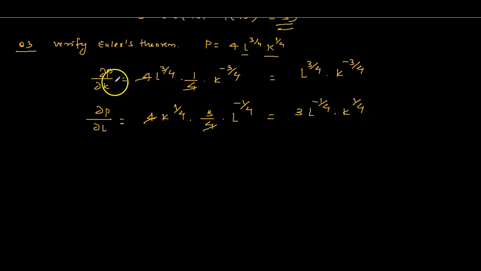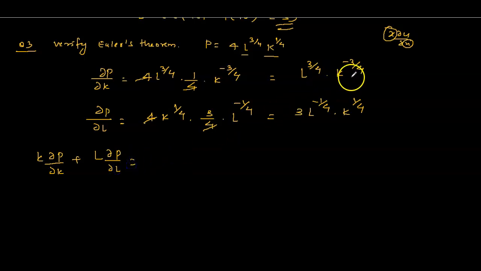So now to verify this one here, we have to multiply. What do we have to multiply? The formula is x into del by del x. So for differentiation with respect to x, we multiply the x terms. So here we have to multiply with K. So K into del P by del K plus L into del P by del L. If K is multiplied here, this becomes 1, minus 3 by 4 plus 1.